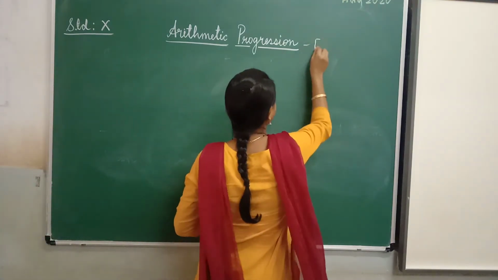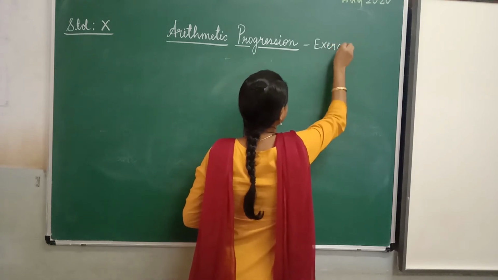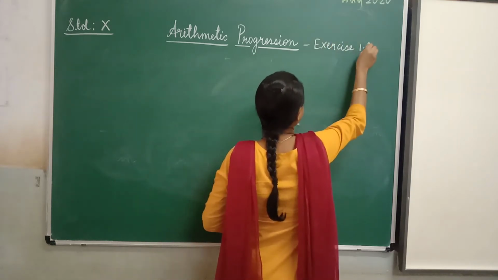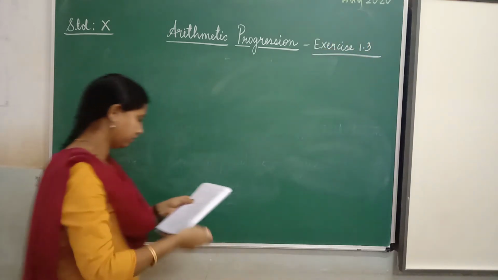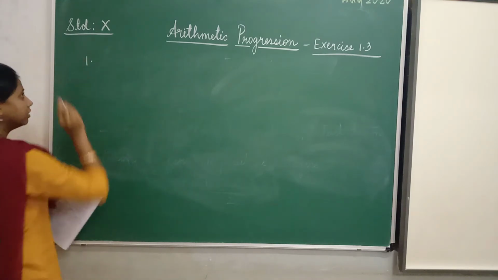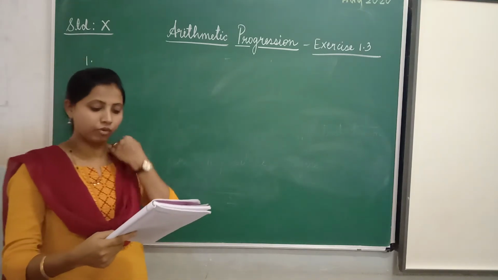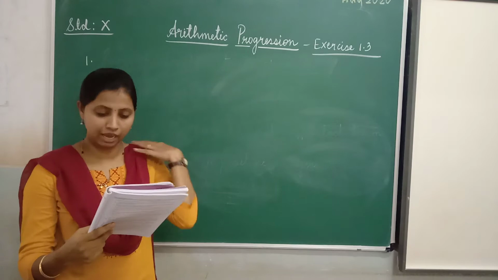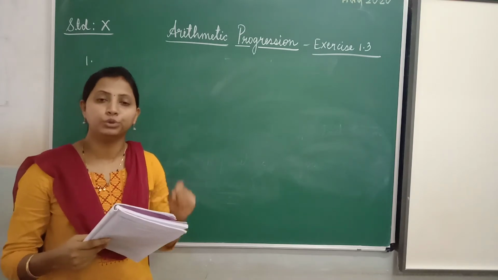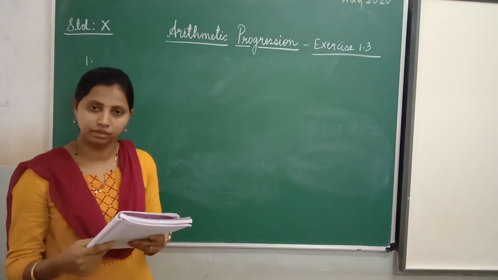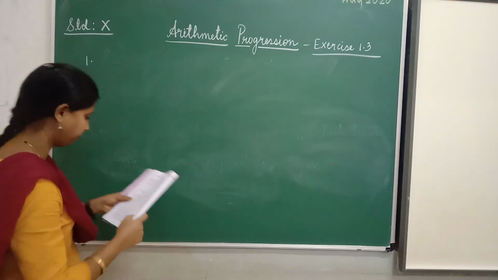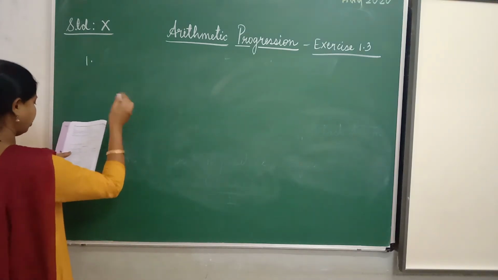Exercise 1.3. Okay, so the first one is find the sum of the following APs. They have given the APs, you have to find the sum of these APs. Okay children, so I will show you few examples.